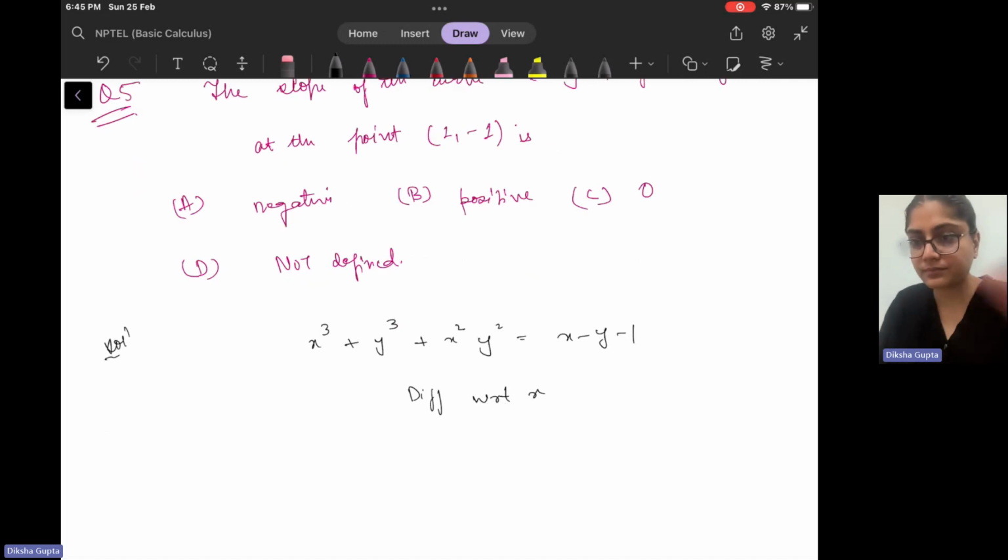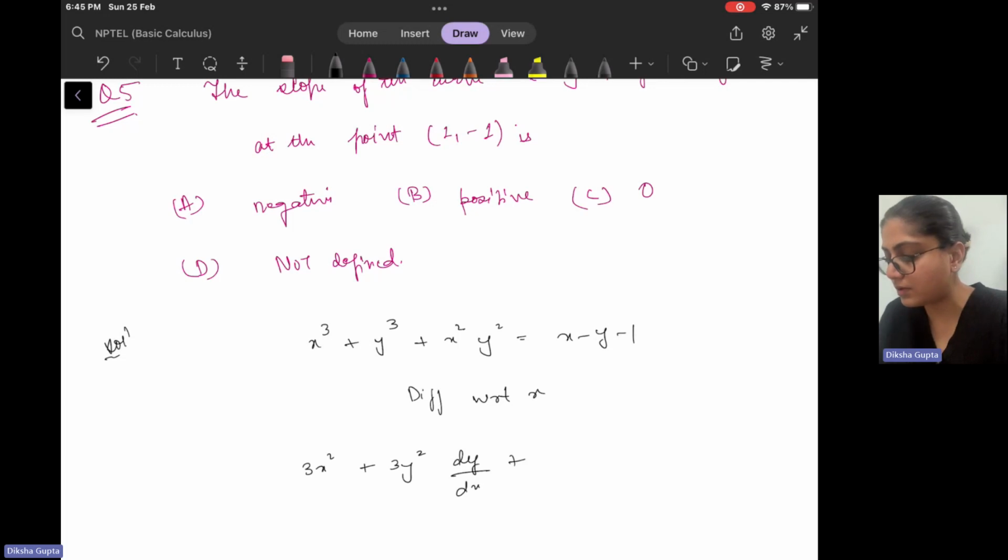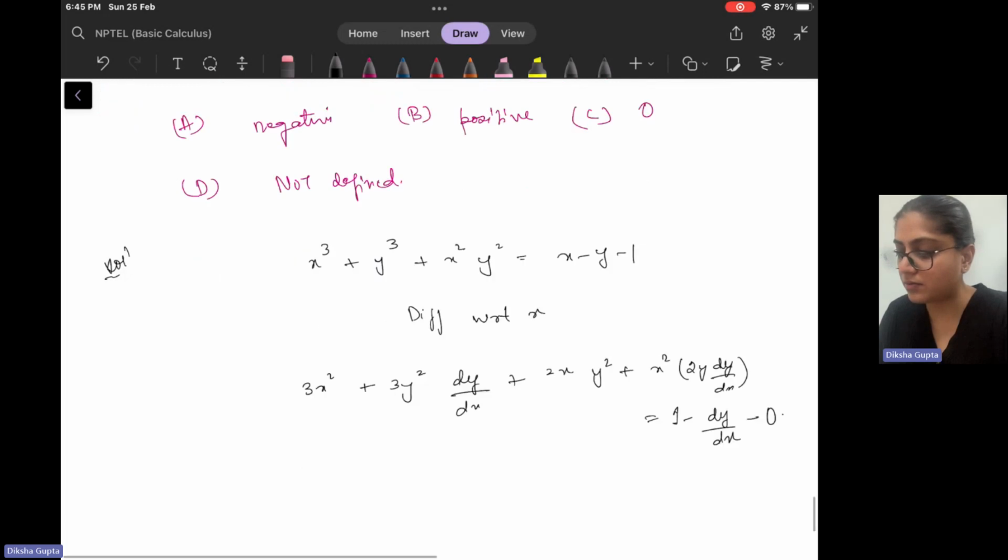You'll get 3x square plus 3y square dy by dx. Here you'll use the product rule: derivative of x square is 2x times y square plus x square times 2y dy by dx equals 1 minus dy by dx minus 0, right?